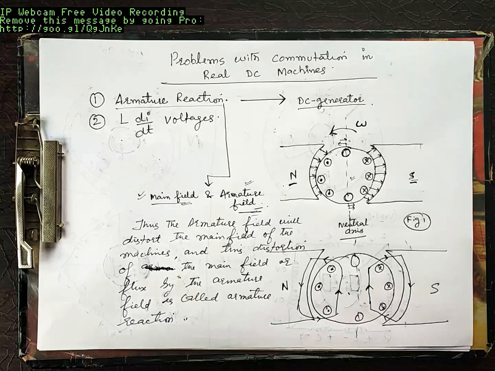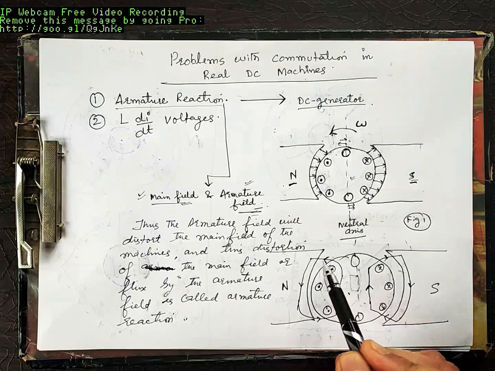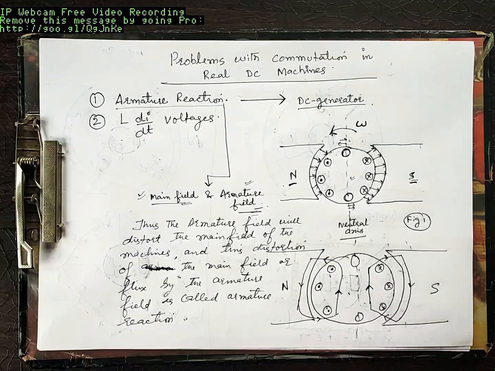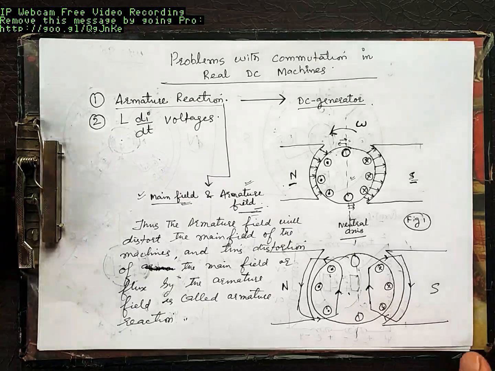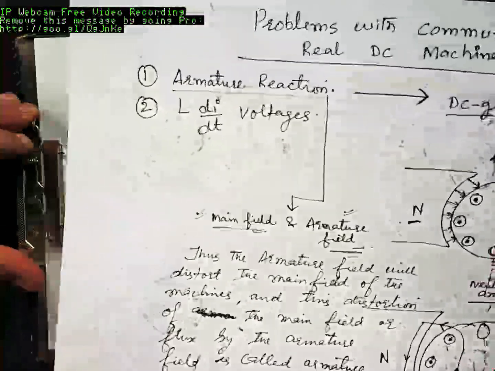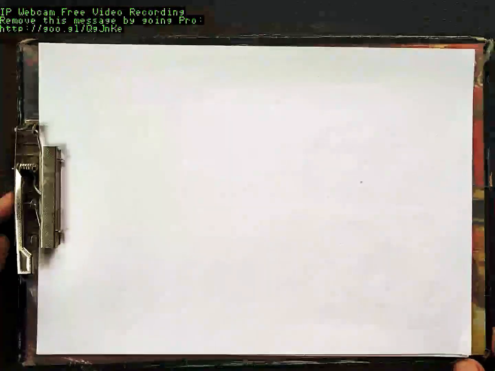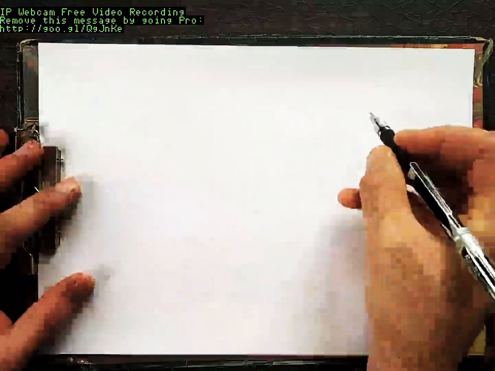Now let us draw the overall resultant magnetic field of this main field and armature field. What will it look like? It will look like this.